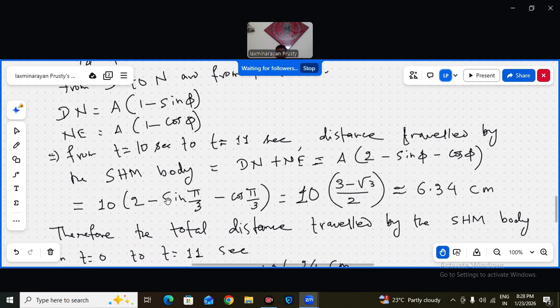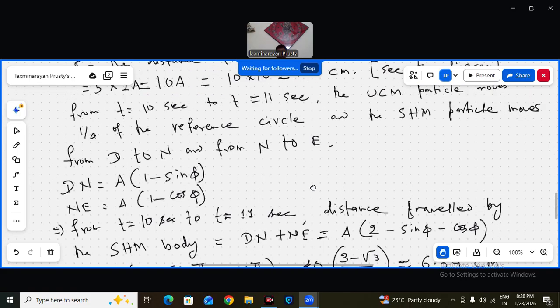So that is 2 minus sin pi by 3 minus cos pi by 3. Cos 60 is 1 by 2, so 3 by 2 minus root 3 by 2. So that will come out to be 5 into 3 minus root 3 by 2, that is 6.34 centimeter. Okay. So total distance how much? 0 to 10 is 100 centimeter.